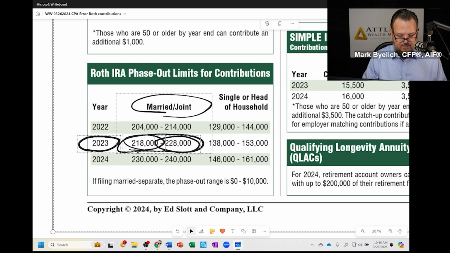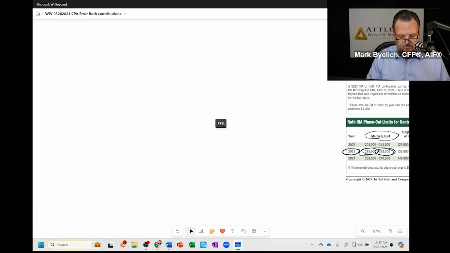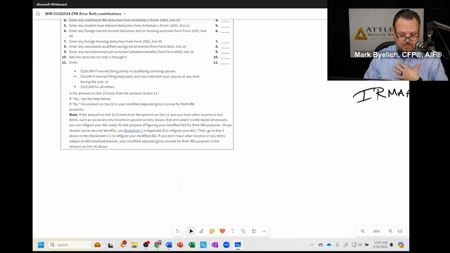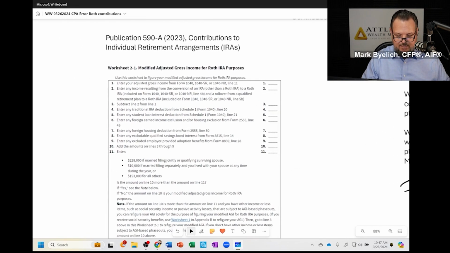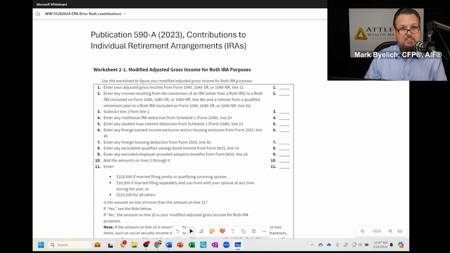The issue is that Roth conversions are excluded from the modified adjusted gross income calculations for Roth contributions. Now, I know that's complicated, and it may not make sense for you. It makes sense to me, but the issue is that not enough CPAs know about this or pick up on it, and this one didn't.